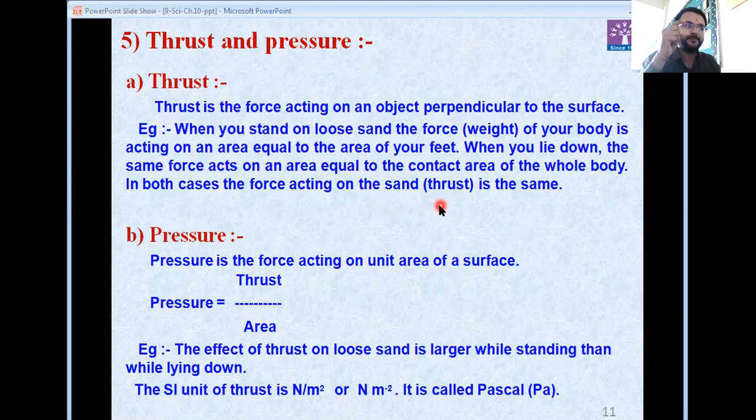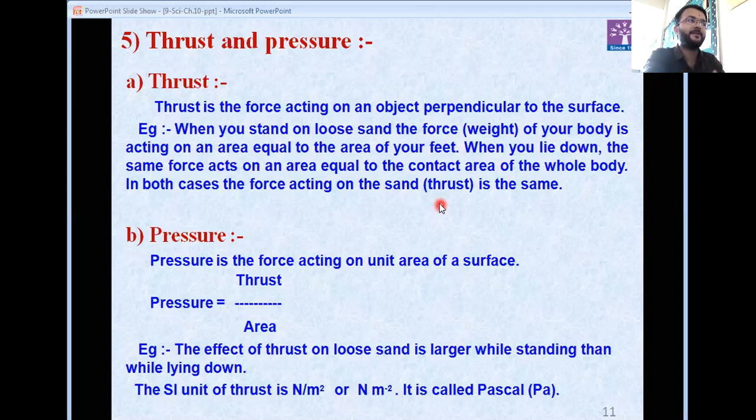For example, if we compare an iron nail and our finger, the iron nail has a very sharp edge, so very little area, so more force in less area. At the same place, if we try with our finger, then our finger may not get inserted in that wooden box or wall because of our larger surface area, right?